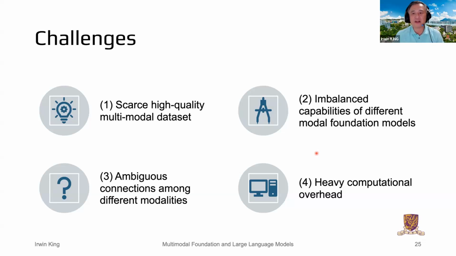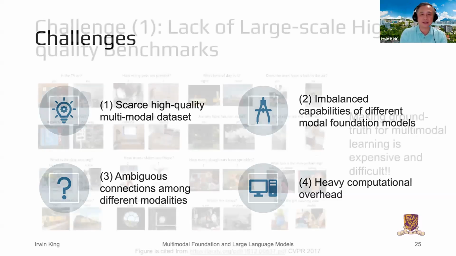More so, it is also very imbalanced. Right now, the text part is very capable, while the image part, the video part, and other modalities are not very developed. The third one is that it is very ambiguous. How do you connect different modalities? How do you associate them together? And lastly, when you do multimodality without a mixture of experts, you have a very heavy computational overhead. These are some of the challenges that we face.